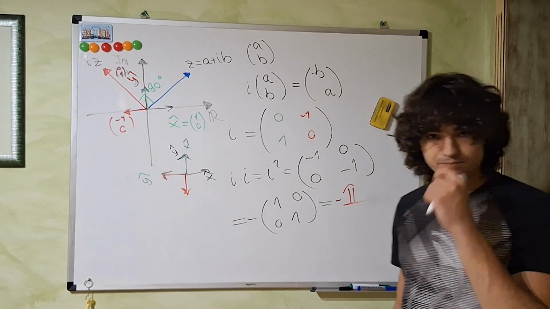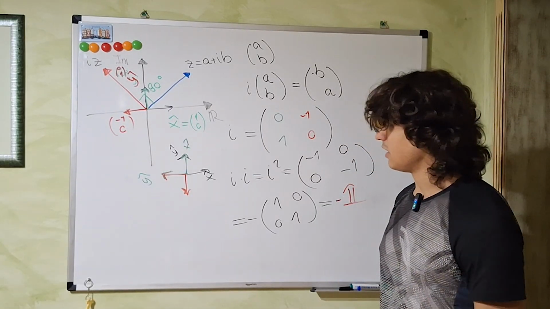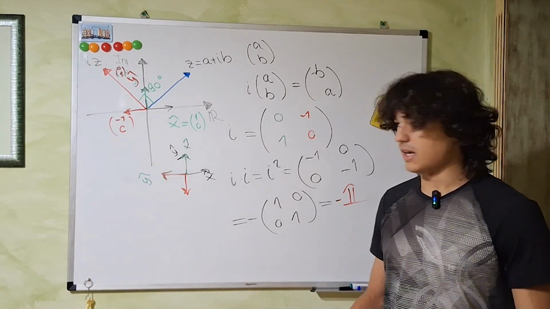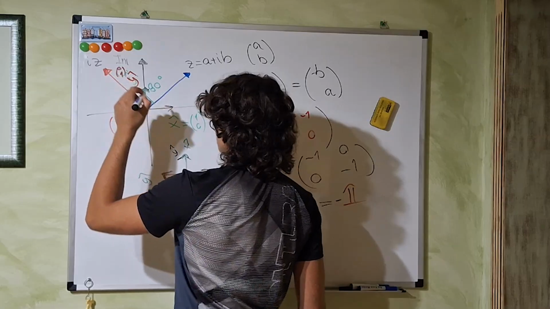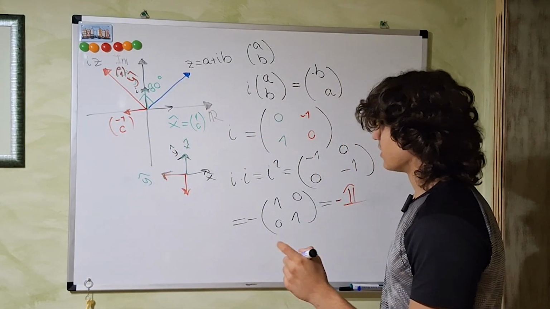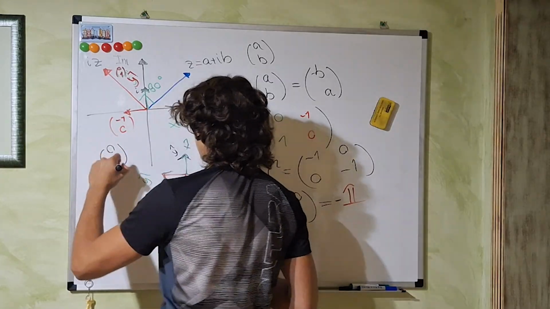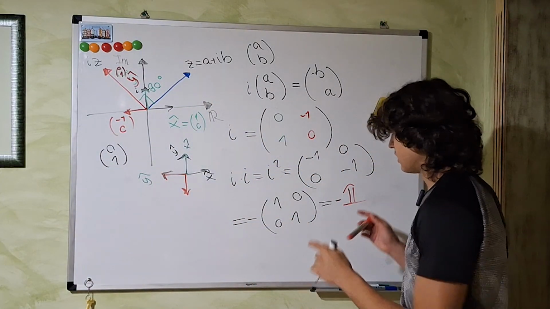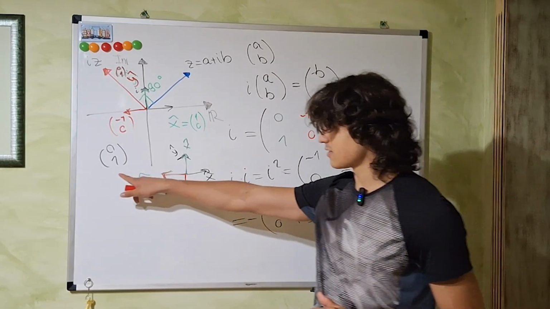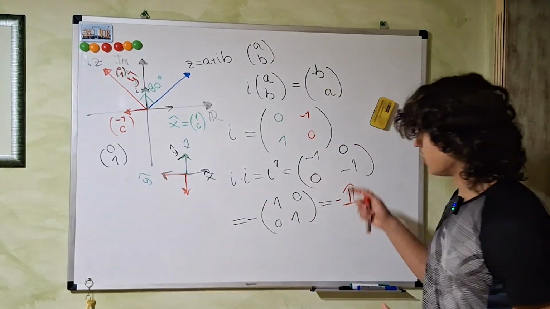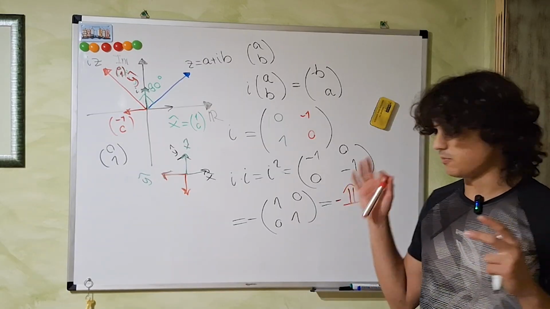And if you look at the complex plane from earlier, you found that this number was 1i, meaning i, and has coordinates 0, 1. But 0, 1 is not i in this case. It is something else. This is a complex number. This is not a complex number. So this is the major problem with this approach.